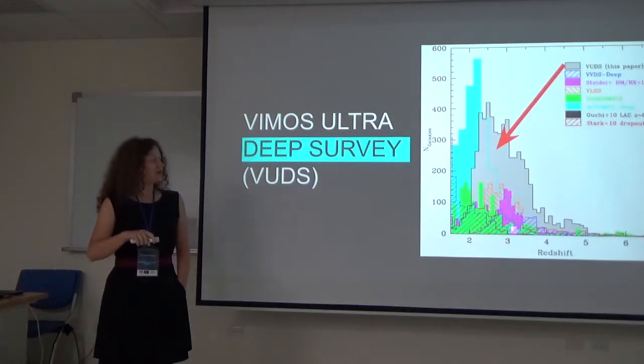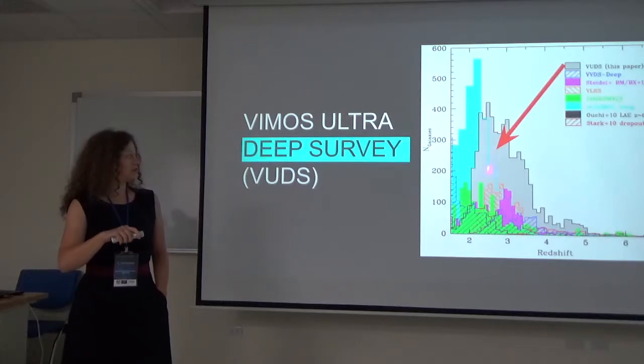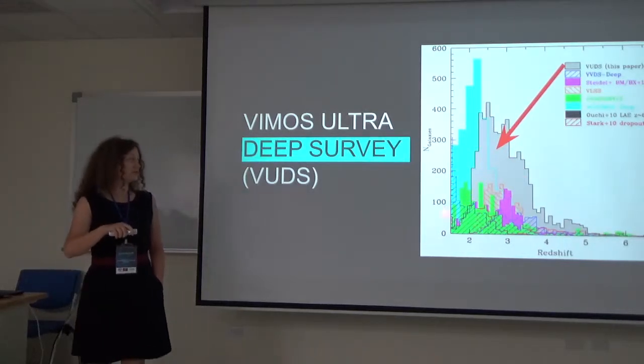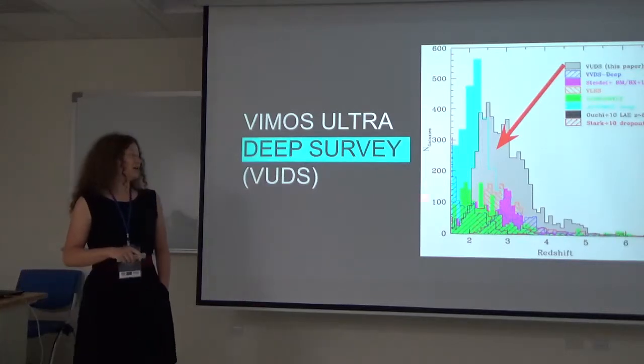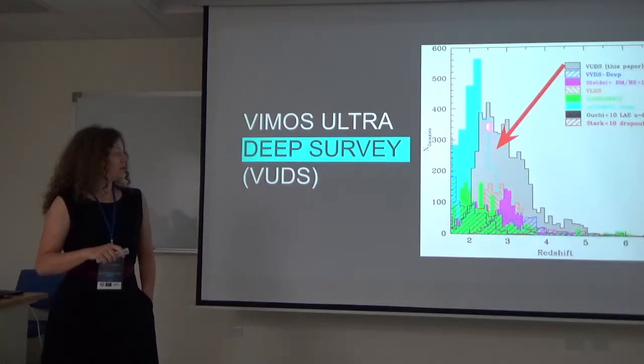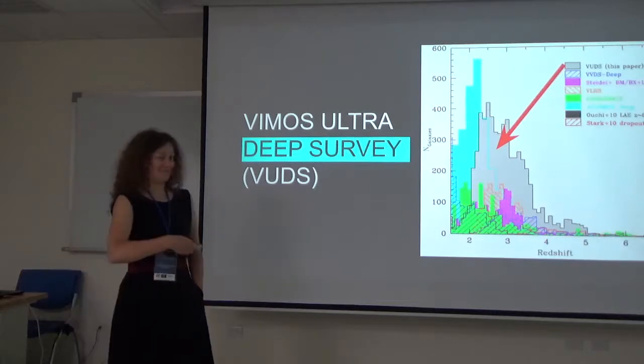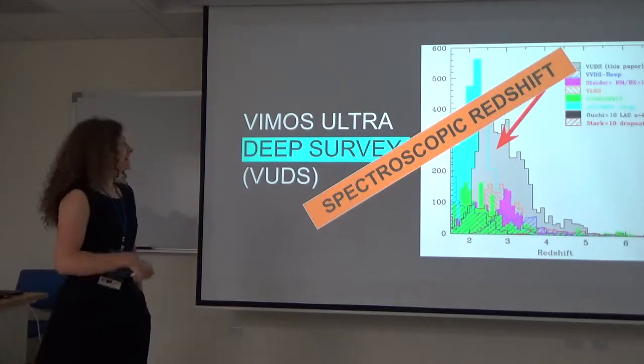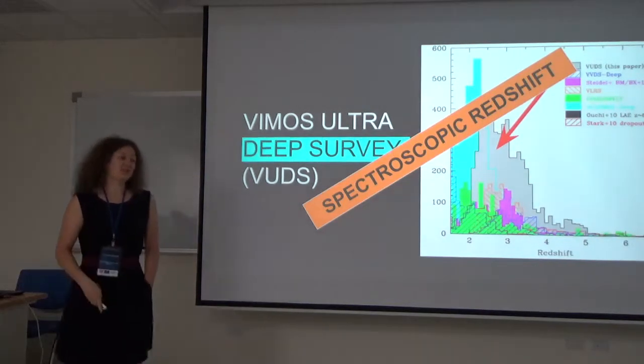Here is the gray area, which shows how the number of galaxies in this survey compares to other redshift surveys in this range. And you see we have a huge advantage over everyone else. And that's important yet again, because this is spectroscopic data.